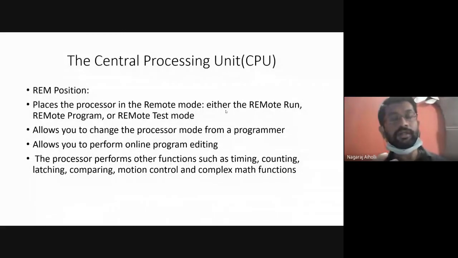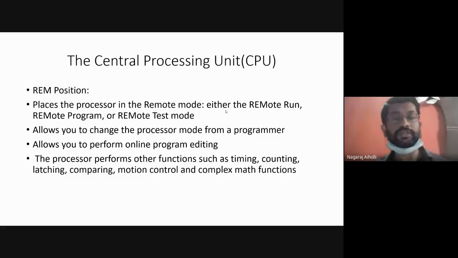What are the other functions performed by the processor? The processor performs certain other functions such as maintaining the timing, how much time is taken to complete this operation or process, and the count, how many counts. I gave the example of the bottle capping system.